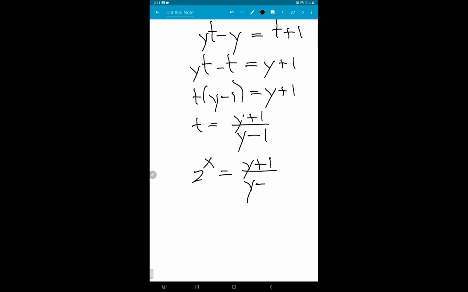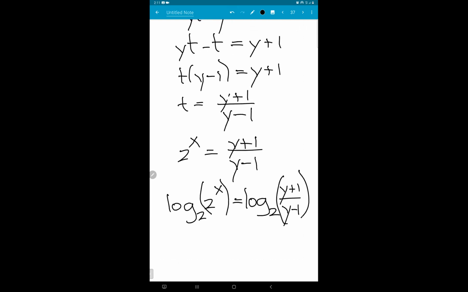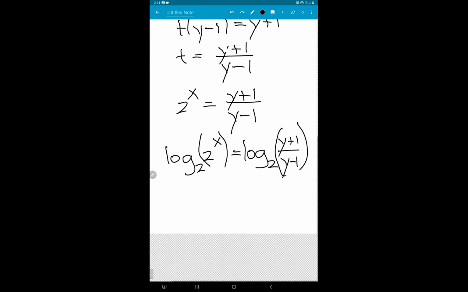And there are two ways from here to get x. One is by the use of the base there, 2, right away. So take the logarithm of both sides to base 2. And what happens to the left-hand side?